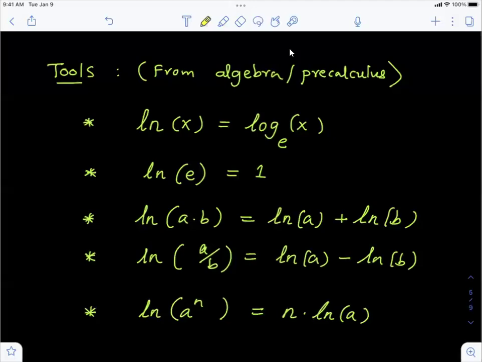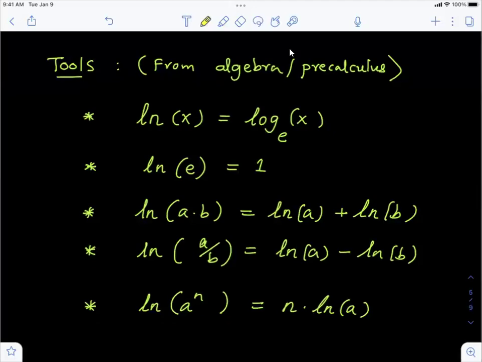So first of all, let's recall this. If you do not recall it, I will point out exactly what you need to recall. First of all, the function ln of x is defined as none other than the log to the base e, where e is exactly the same as the base of the natural exponential function.